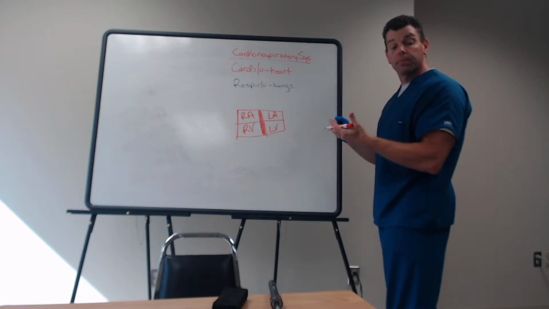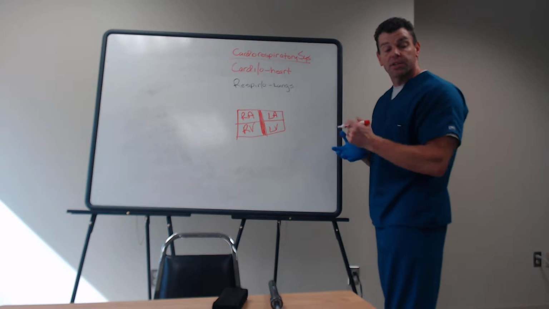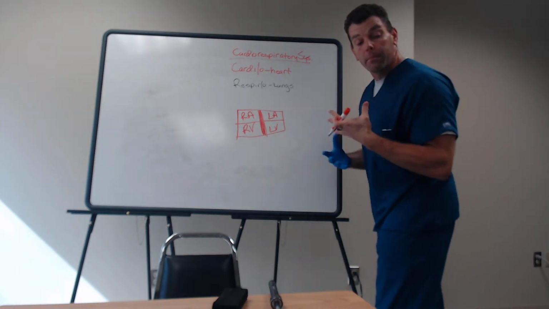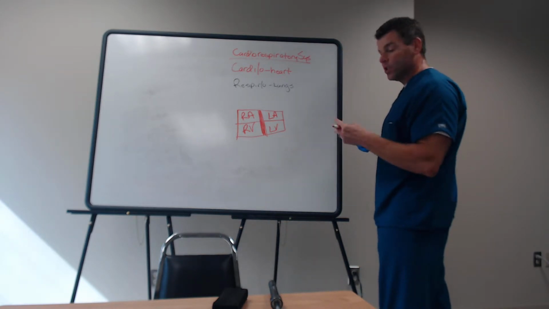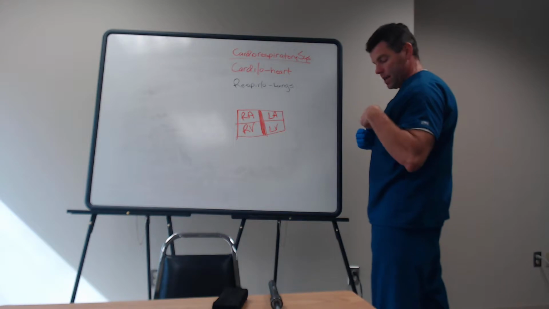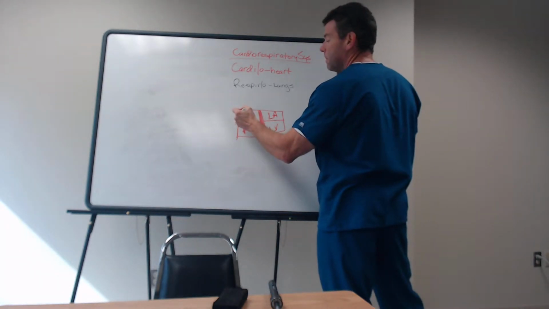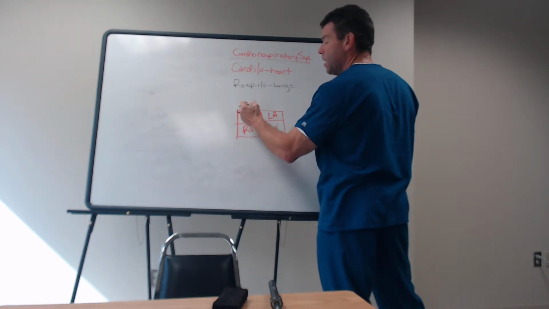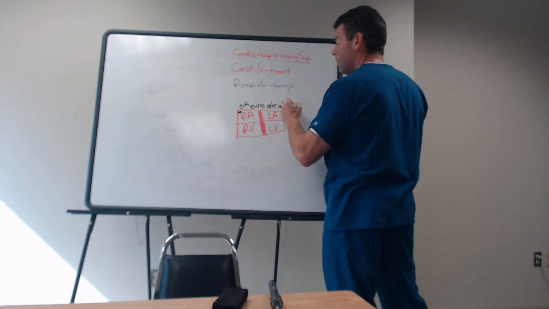Okay, so ultimately, we have two pumps associated with the heart, the right ventricle and the left ventricle. Well, what makes these pumps work? We have to have electrical stimulation before mechanical stimulation occurs. And that's going to be the job of a structure in the right atrium called the SA node, the sinoatrial node.